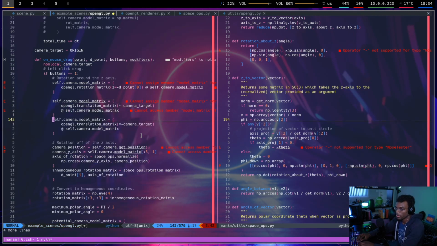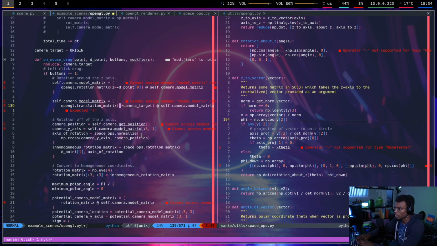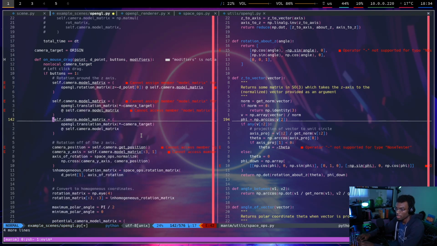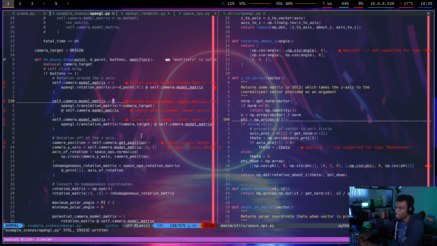But I'm going to try just doing this. Robot project, what's going on? Just doing this and this. This should do nothing. This should translate it to the origin and translate it right back.